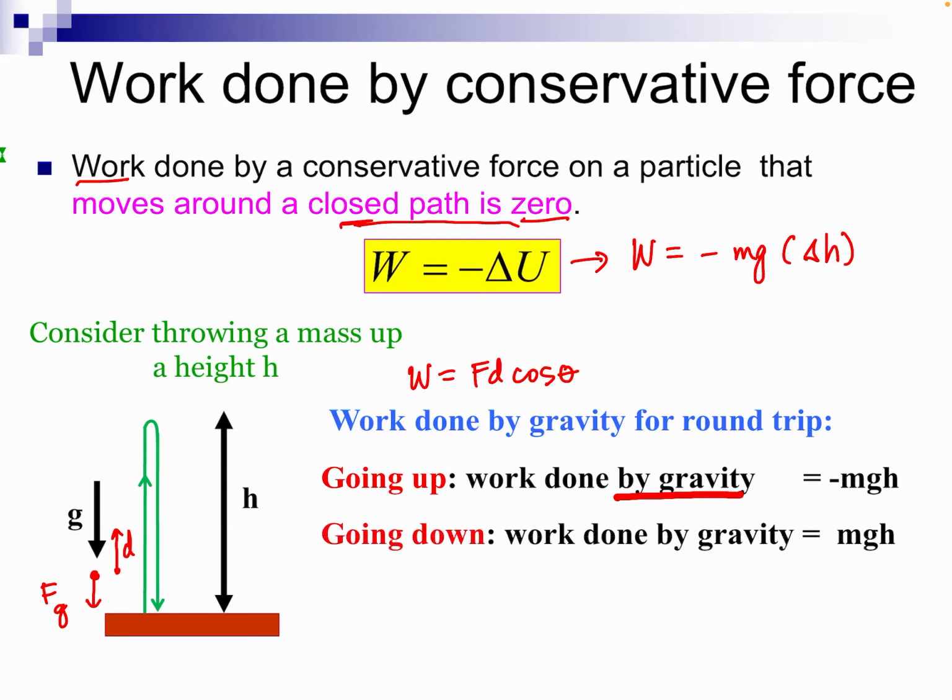Whereas on the way down, the work done by gravity will be positive. Again, the gravitational pull is still downwards, and the ball is also going downwards. So the displacement on the way down is in the same direction as the gravitational force. Hence, theta is equal to 0, cosine 0 is equal to positive 1, so the work done is equal to mgh.